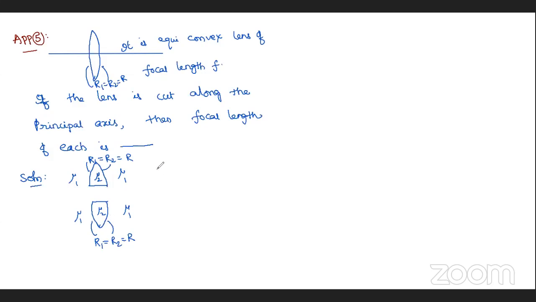That's why the focal length is independent of aperture length, in case of thin lenses, keep in mind. So here, what happened? Aperture length means diameter. Aperture length is halved.